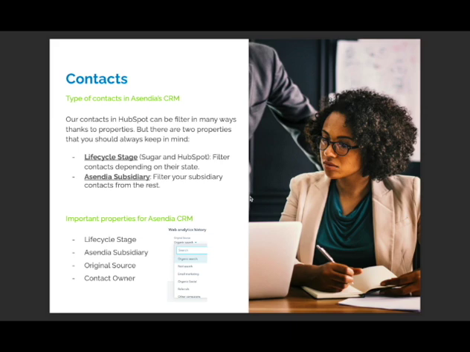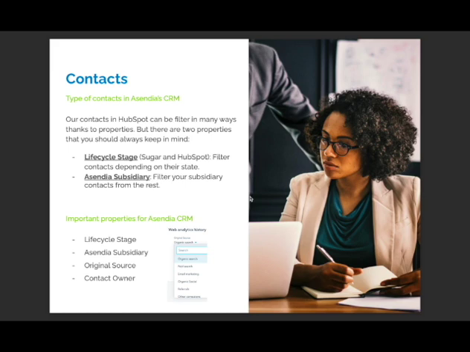Other properties that we have to keep in mind are original source and contact owner. Original source, so we can know if it was created through the website, if it came from Sugar CRM, if it came from a form, if it came from an offline import, etc. So this is why original source is important, so you can know where this contact was first created from.